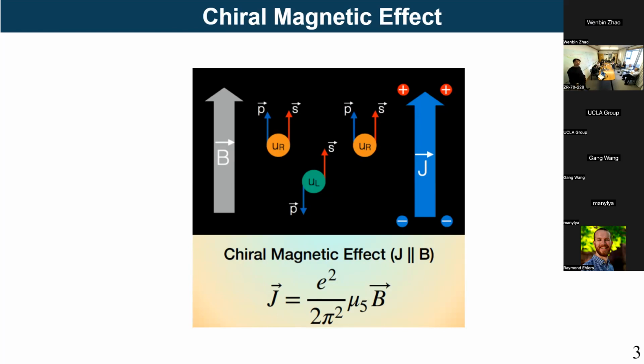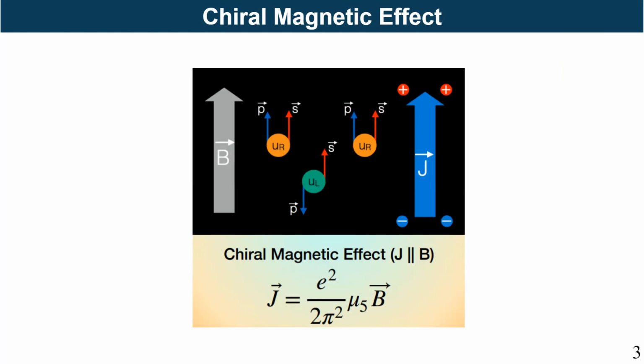So a simple illustration: if the magnetic field is very strong, it will align or anti-align the spin of particles, according to the electric charge. This is all u quark, so that's right. A u quark has positive charge, and as a result, spin should follow the magnetic field direction.